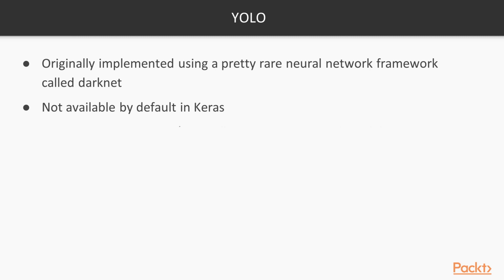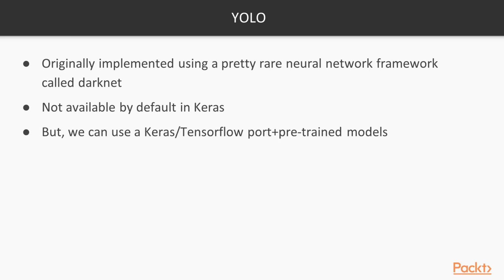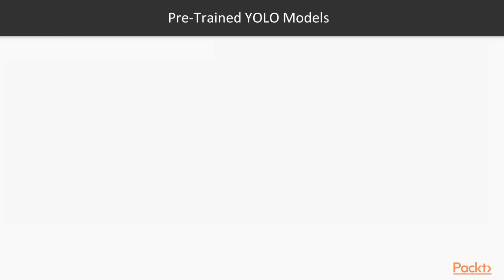It's a totally different piece of software. But the good news is that there are ports of YOLO and also Darknet, and we'll use one of those ports later on to actually use YOLO. This is the Keras TensorFlow port, and we'll also have to use pre-trained models that are available in the original implementation of YOLO.